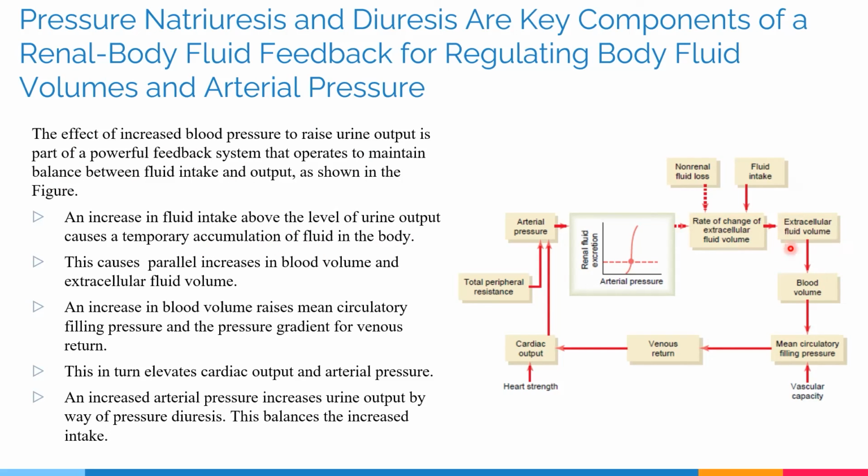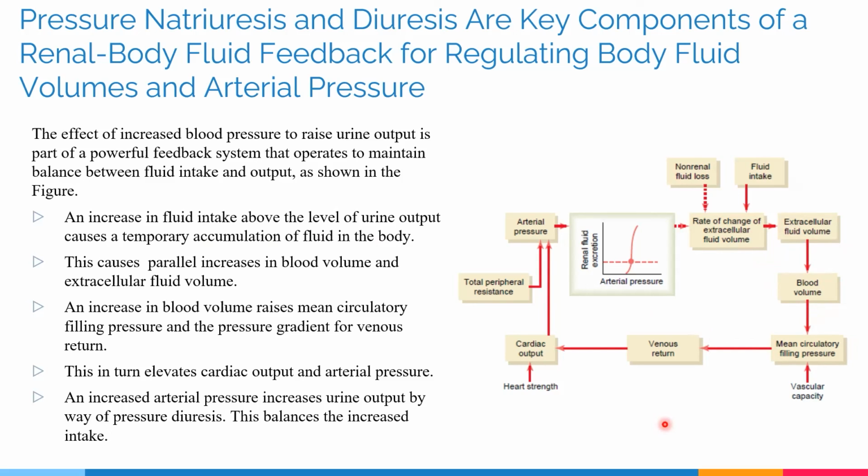So we see due to excess water accumulation, there is increase in extracellular fluid volume and blood volume. An increase in blood volume raises mean circulatory filling pressure and pressure gradients for venous return. So increase in blood volume directly has an effect on the heart in the circulatory system, and the heart pumps harder, and this increases the mean circulatory filling pressure along with the venous return.